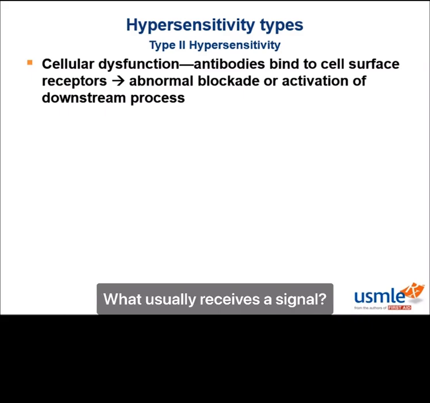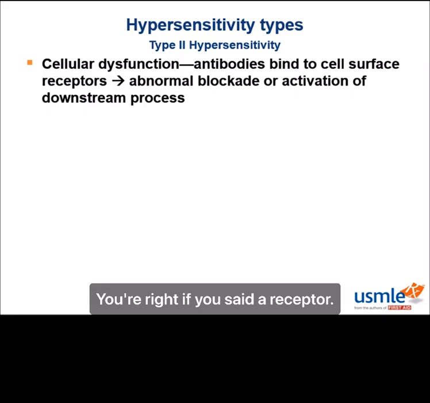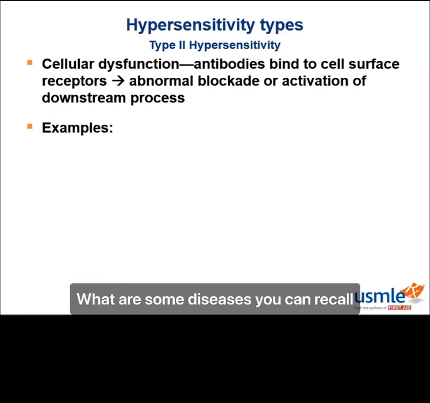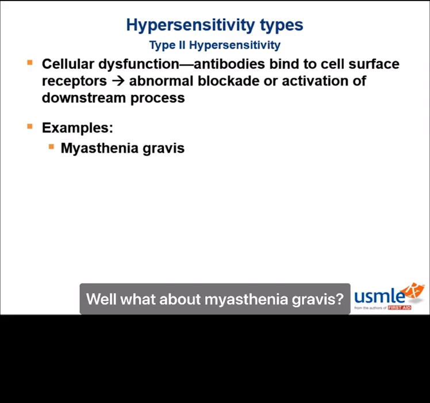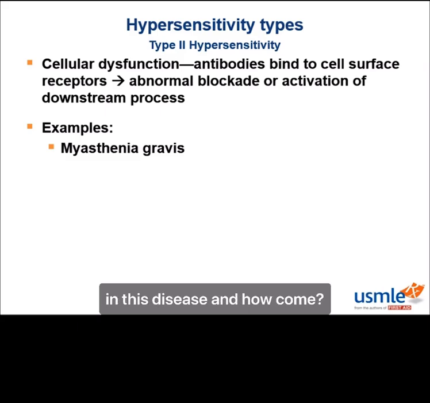What usually receives a signal? You're right if you said a receptor. What are some diseases you can recall that involved something against a receptor? Well, what about myasthenia gravis? There's something wrong with acetylcholine in this disease, and how come? It's because there's an autoantibody, an anti-acetylcholine receptor.